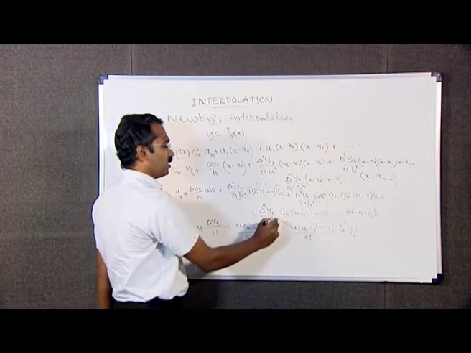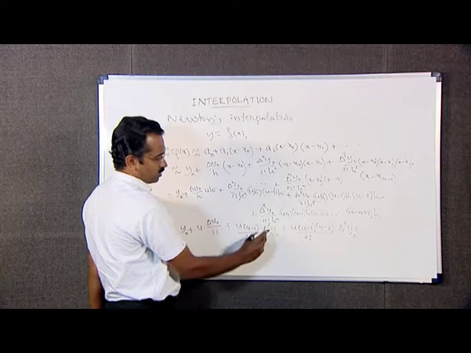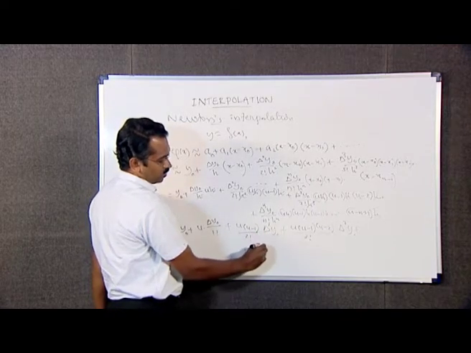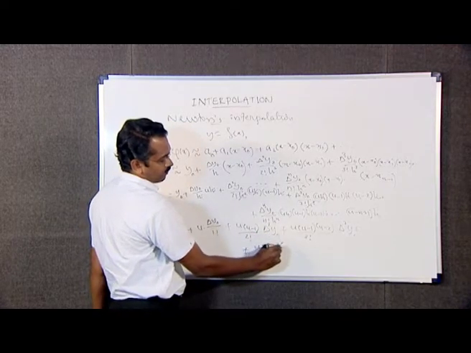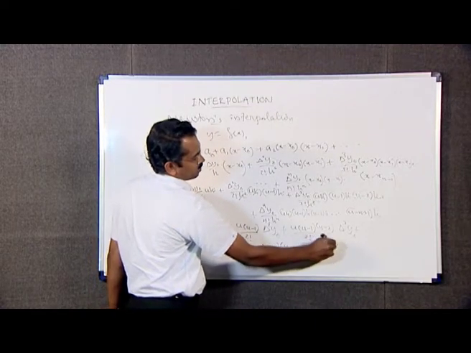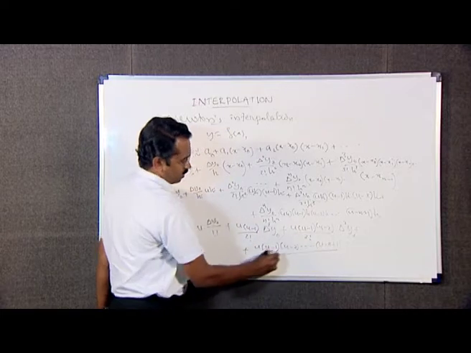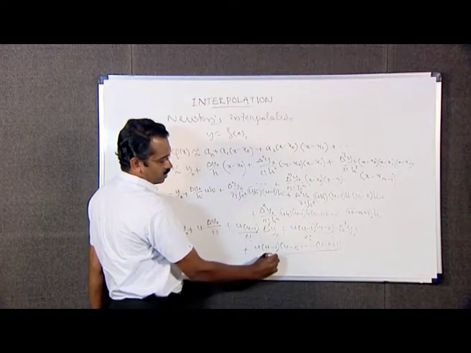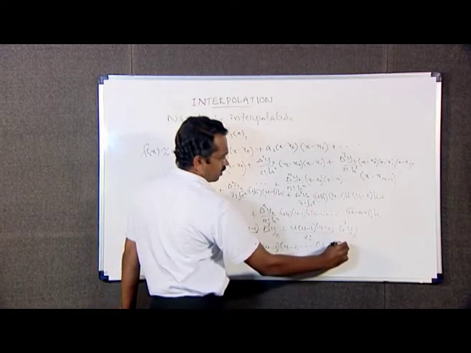Therefore, h raised to n and this h raised to n cancelled. The remaining is u into u minus 1 into u minus 2 etc. u minus n plus 1, all divided by n factorial delta raised to n y naught.